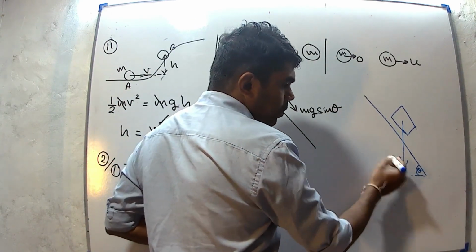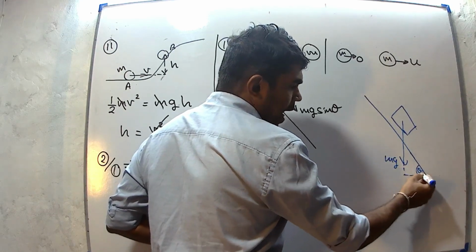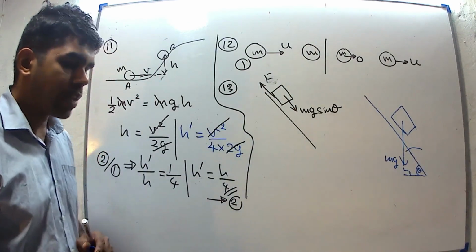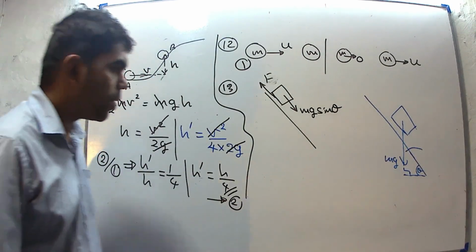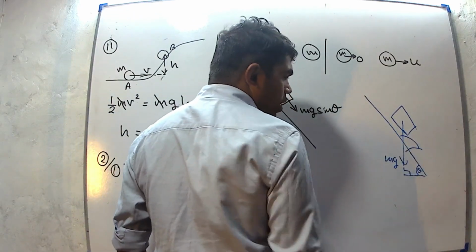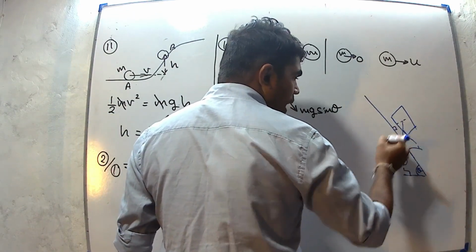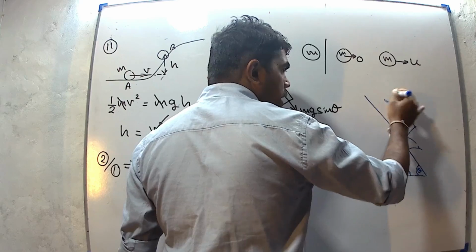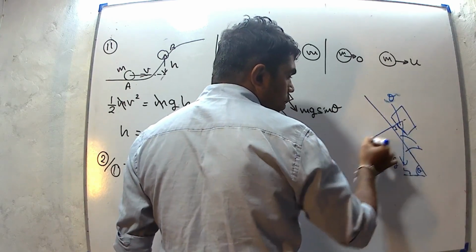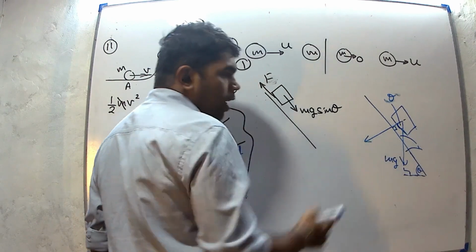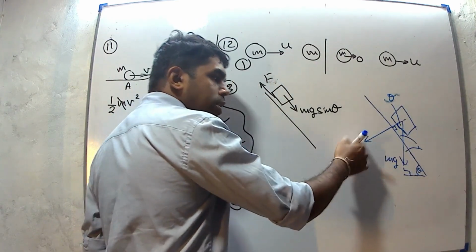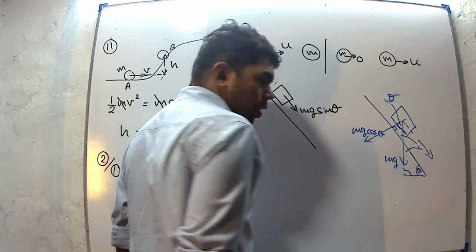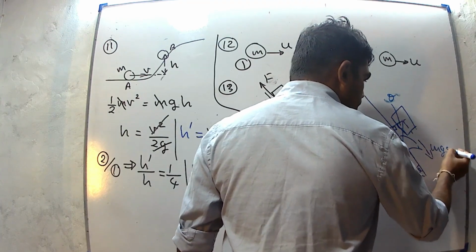We can consider this right angle triangle. Then this angle is 90 minus theta. The sum of interior angles should be 180. Again, this angle is also 90 minus theta. And this angle is 90, therefore this angle should be theta. Then the weight component perpendicular to the plane is mg cos theta, and the weight component along the surface is mg sin theta.